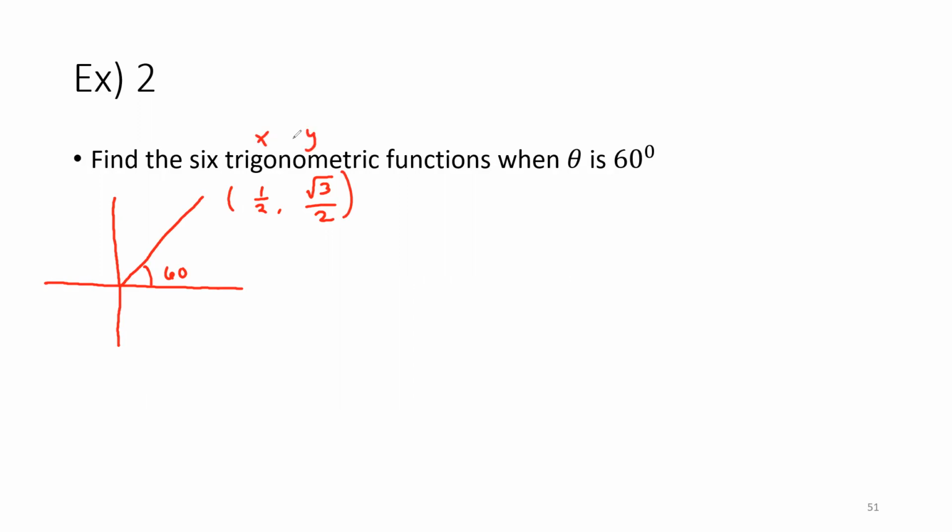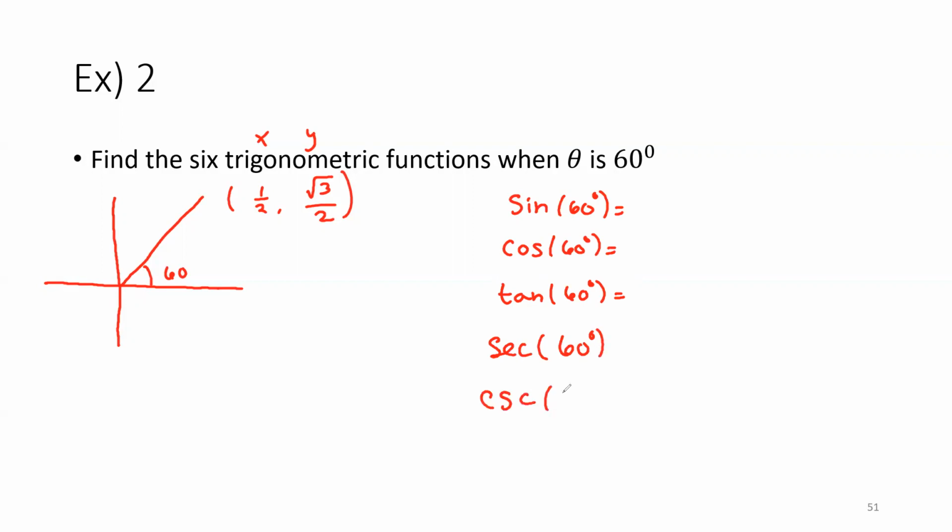But we have to find the six trigonometric functions. So what do I mean? They're asking the sine of 60, cosine of 60, tan of 60, secant of 60, the cosecant of 60 degrees, and then the cotangent.